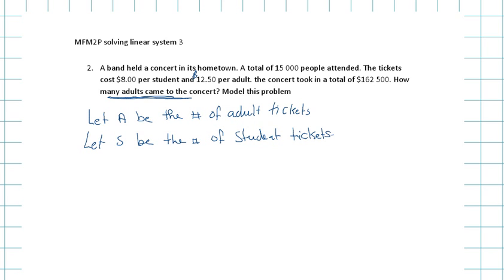A total of 15,000 people attended. What does that mean? But how would I write that as an equation?